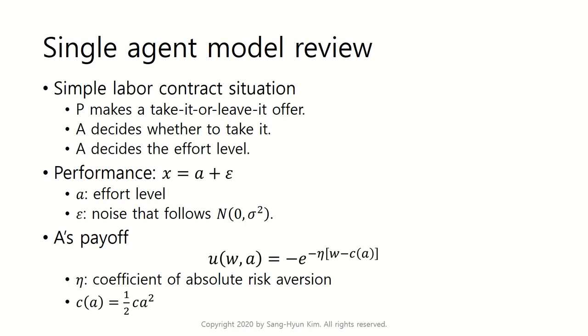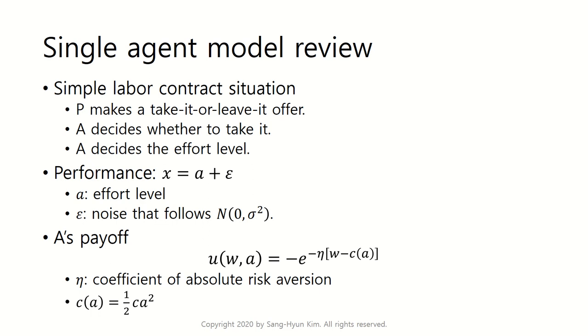So we start from this single agent model, which is exactly the same as example 2 in the basic principal-agent model. I'm not going to explain this model in detail, but I'll quickly review what it is saying.